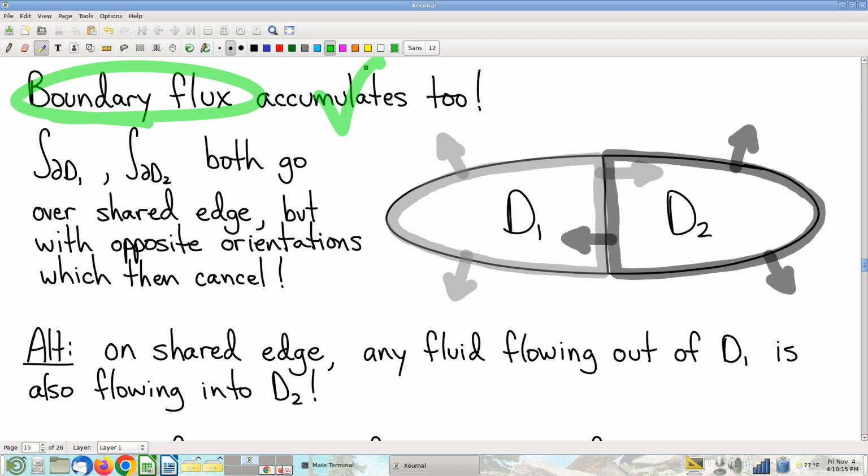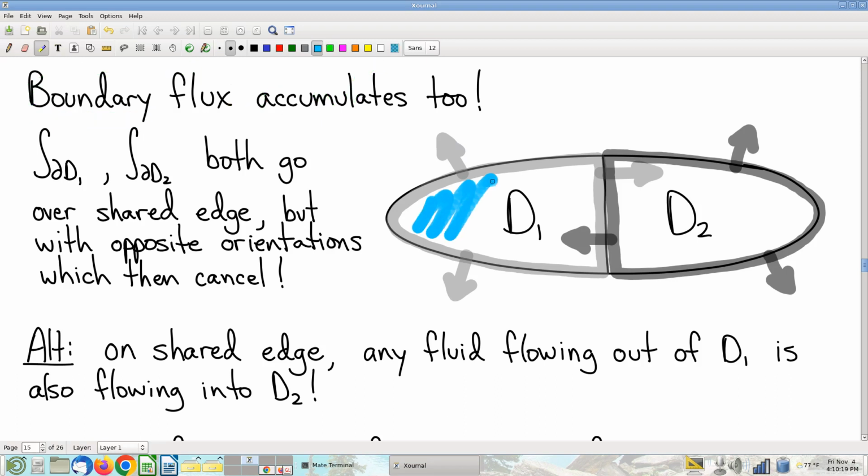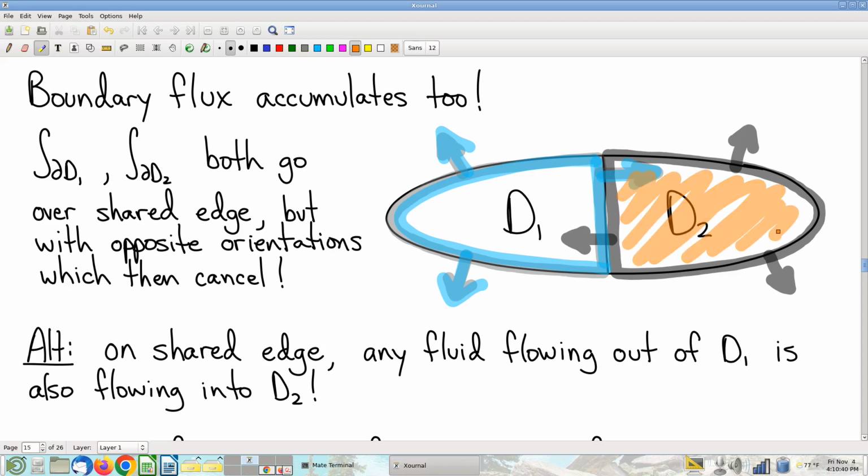Not hard to argue that it is. If I look at this left piece and ask, well, what is the boundary flux of that left piece? Well, the boundary flux of the left piece is like this. It's outward oriented boundary flux, like so. Right, there's the boundary flux of the left side. Then there's also, what's the outward oriented boundary flux of this right piece?